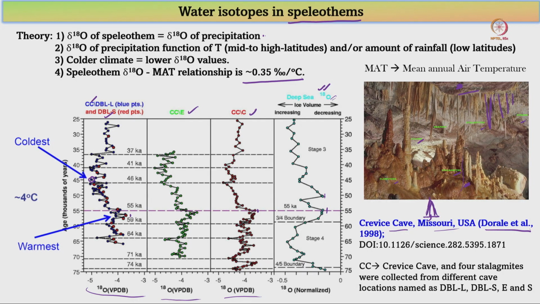The ice mass is trapping all the 16 oxygen. If the 16 oxygen is getting trapped, then the delta 18O values are decreased in the terrestrial system, but it is getting more and more positive in the oceanic system.